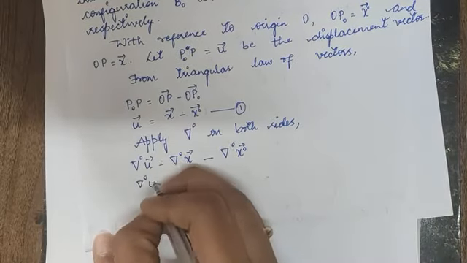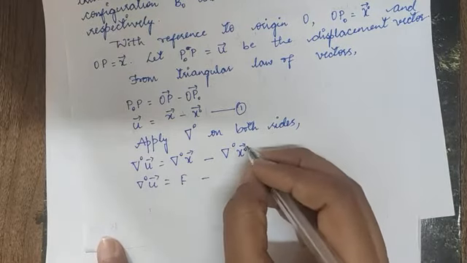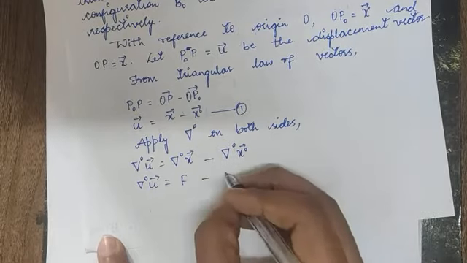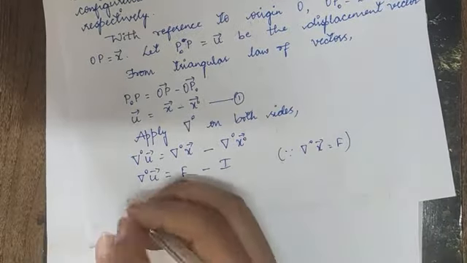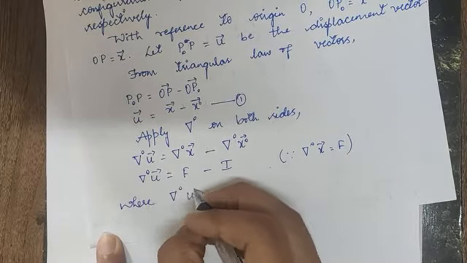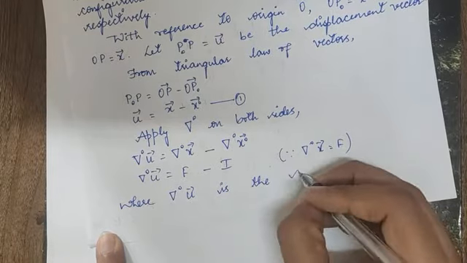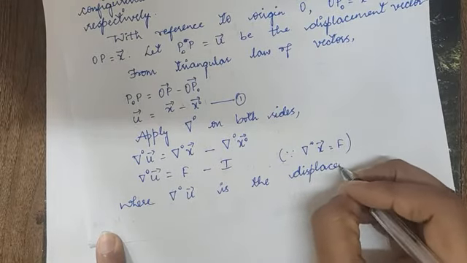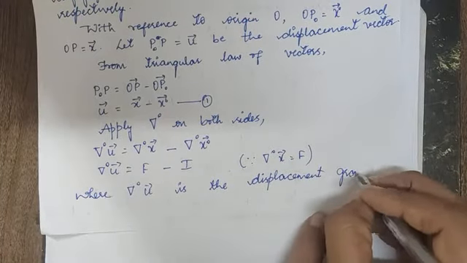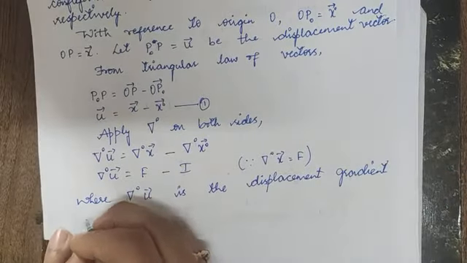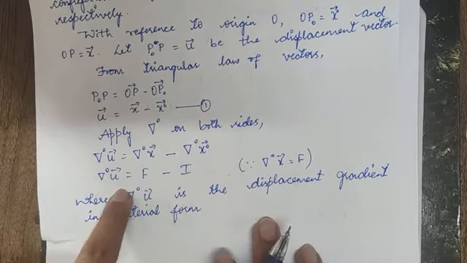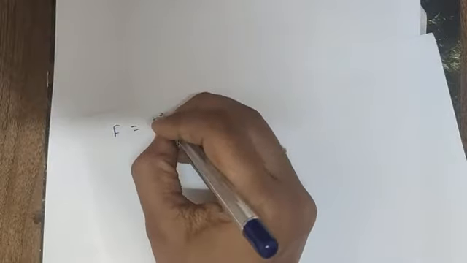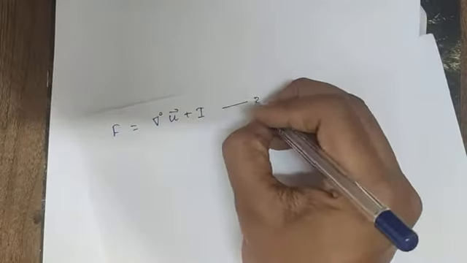I can write del naught u is equal to F minus I, because x naught is a position vector, so del naught of x naught is nothing but I, and del naught x is equal to F. If I rewrite this equation, F is equal to del naught u plus I. I will call this equation number 2.